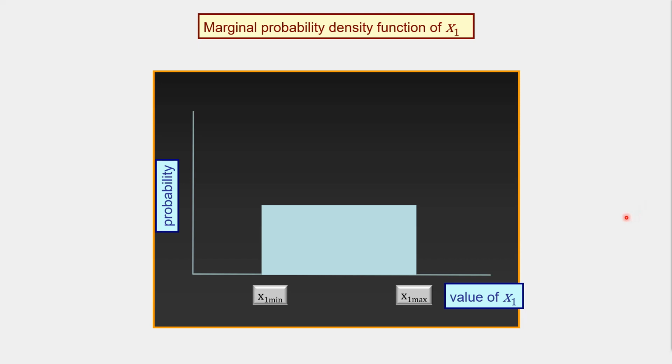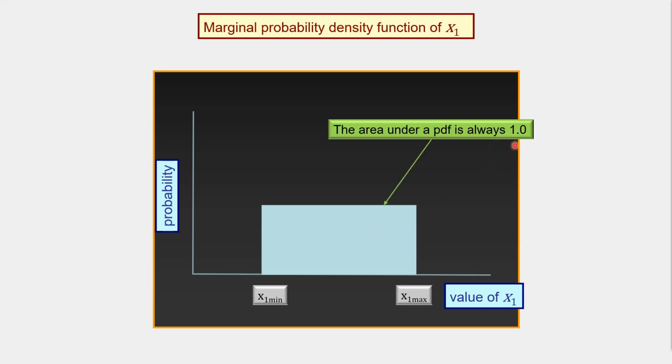It can take whatever value it likes. All I am doing is focusing on x1 and x1 alone, regardless of what x2 does. Now in this particular case, x2 is independent from x1, so the marginal probability distribution of x1 is the same as its total probability distribution. We'll refine this concept a little bit more later. So there's the probability density function, or PDF, of x1.